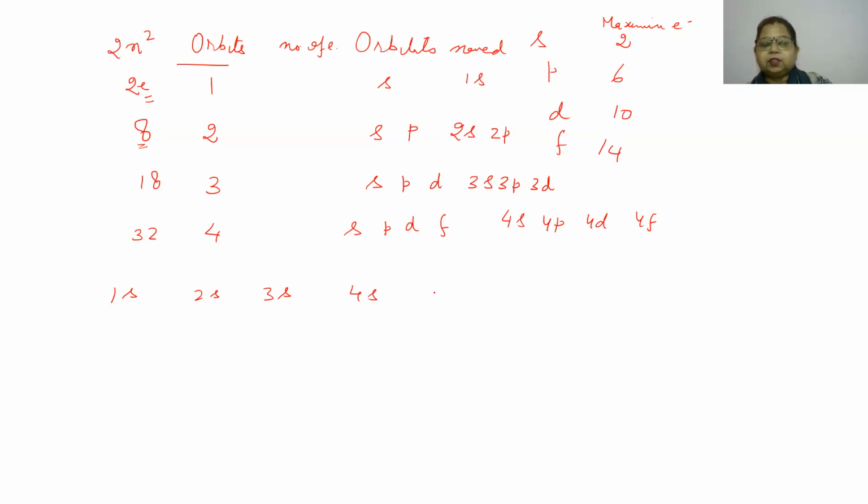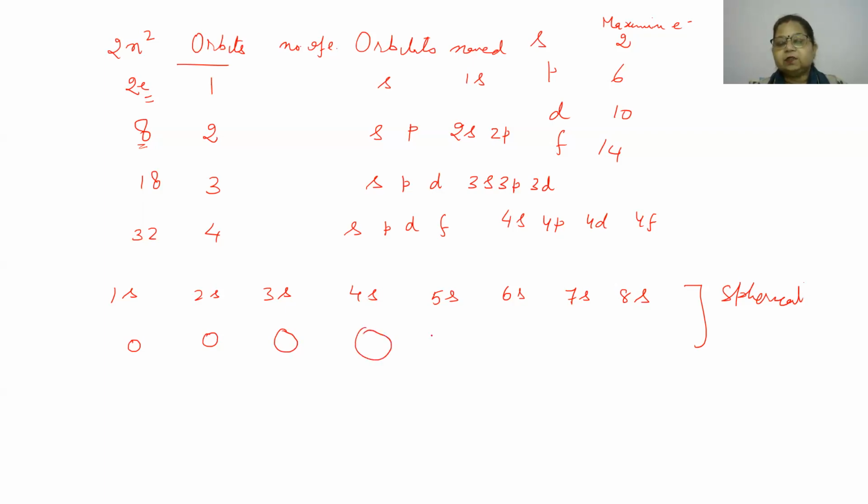We can have 4s, 5s, 6s, 7s, 8s. Primarily, all of them are going to be spherical in shape. But there will be a difference in size. 1s will be the smallest one, 2s will be slightly larger, 3s is still larger, and the size will continue to grow. Right?